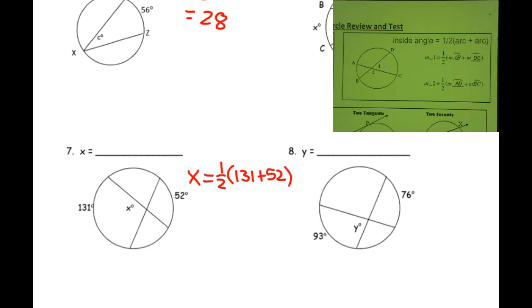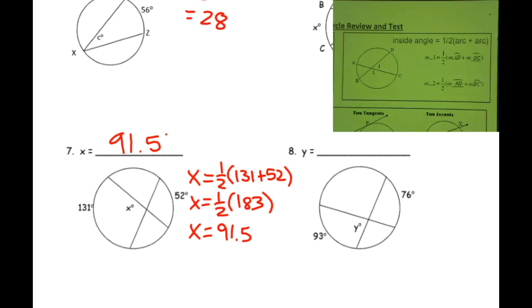You want to add those numbers together. So x equals 1/2, 183. Okay, and then we do a half of 183. So x should equal 91.5 degrees.